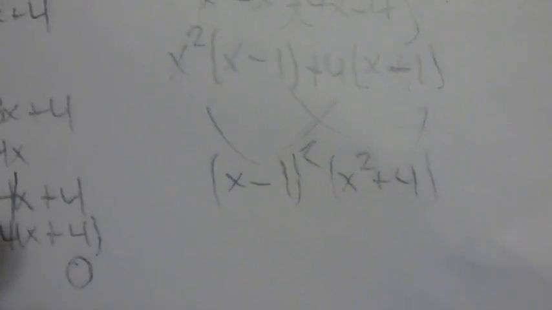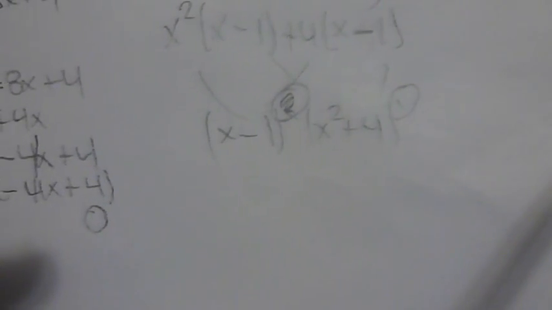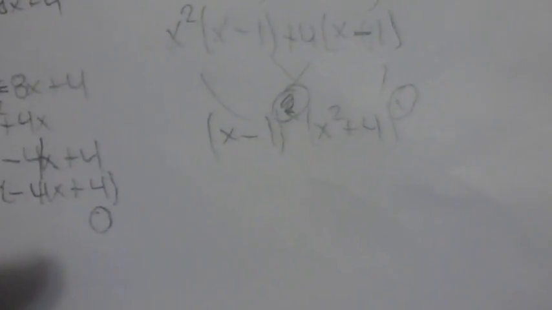And so from this we can see that here we have a multiplicity of 2, and here a multiplicity of 1 for each of our roots, or actually a multiplicity of 2 for each of these roots.